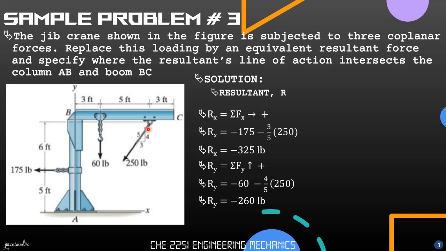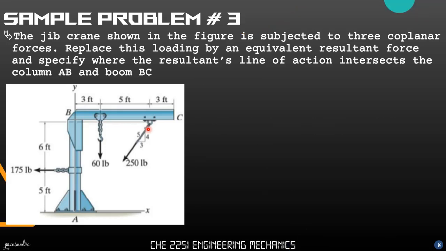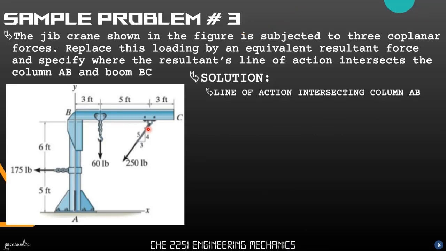So from our Rx and Ry, we can now solve for our resultant, which is equivalent to 416.203 pounds. So next, we solve for the line of action of our resultant intersecting A or column AB.